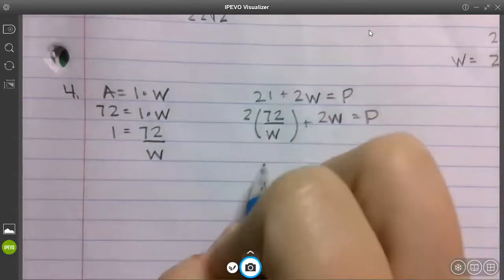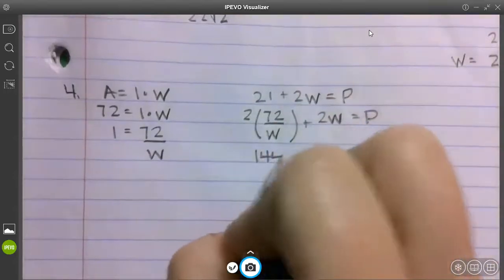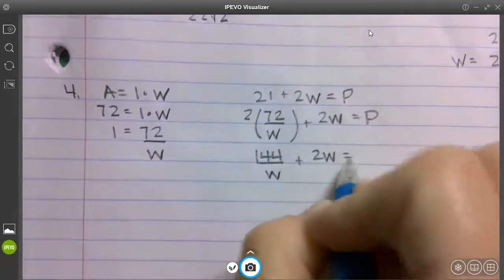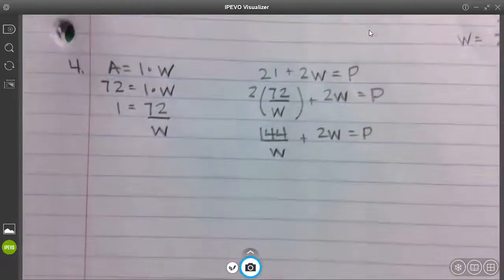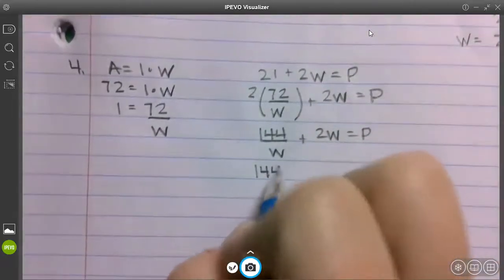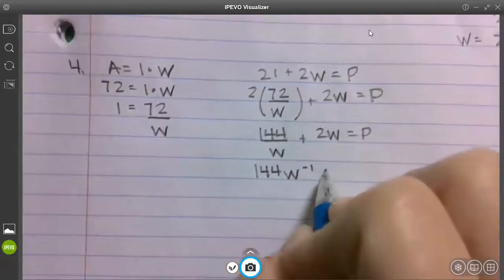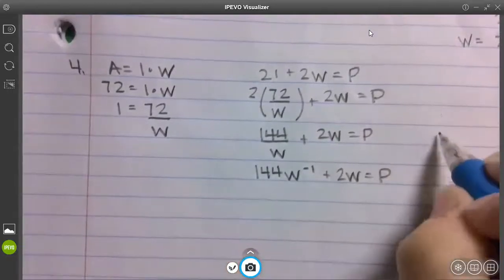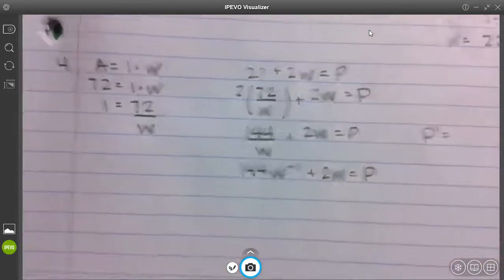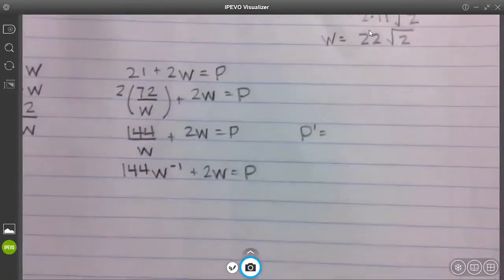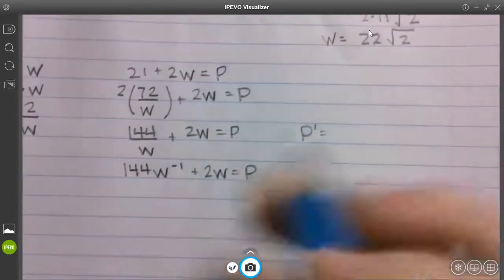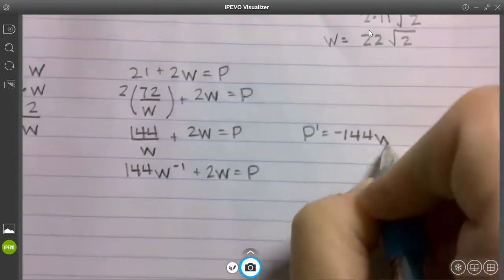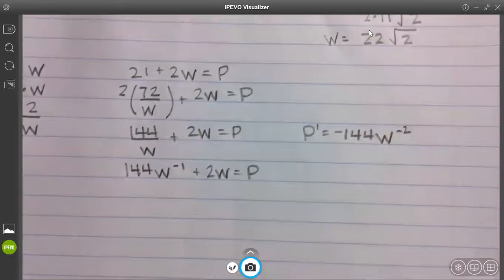2 times 72 is 144 over W plus 2W. And then I'm going to put the W on the top so that I can take that derivative. When I take the derivative of P, I have 144 times -1, which is -144, W to the 1 less power, so W to the -2.